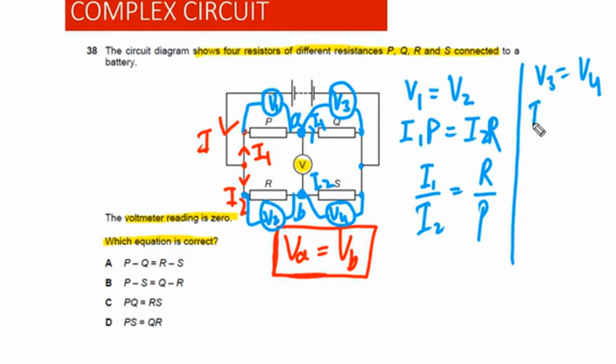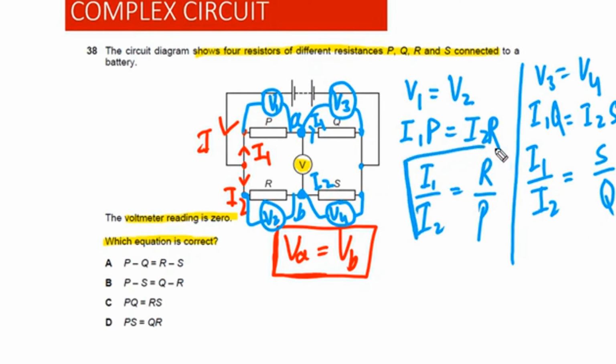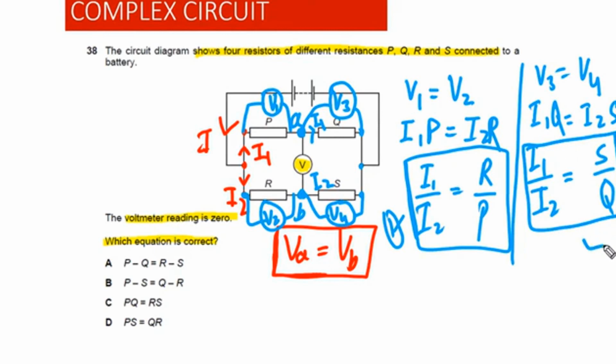So we can say I1 times Q is equal to I2 times S. From here we can rearrange, and we get I1 by I2 will be equal to S over Q. So we can say this equation is 1 and this one is 2.